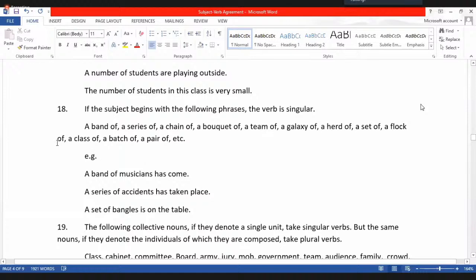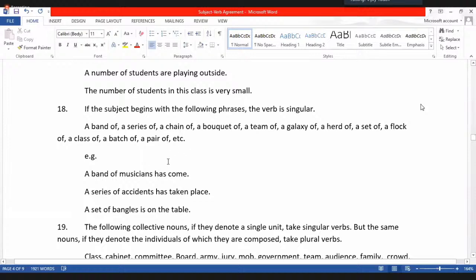Then number 18, if the subject begins with these phrases, then we always use a singular verb. See, a band of, a series of, a chain of, a bouquet of, a team of, a galaxy of, a herd of, a set of, a flock of, a class of, a batch of, a pair of.